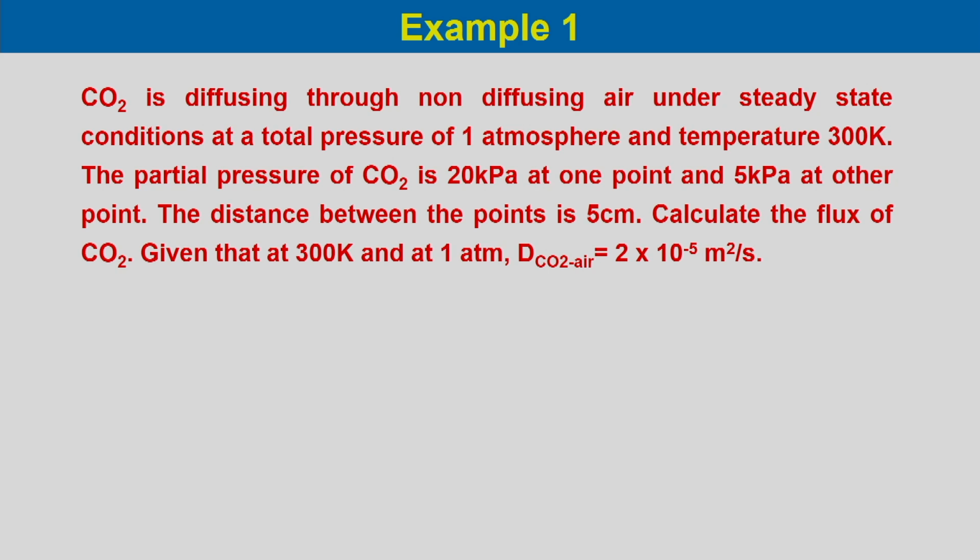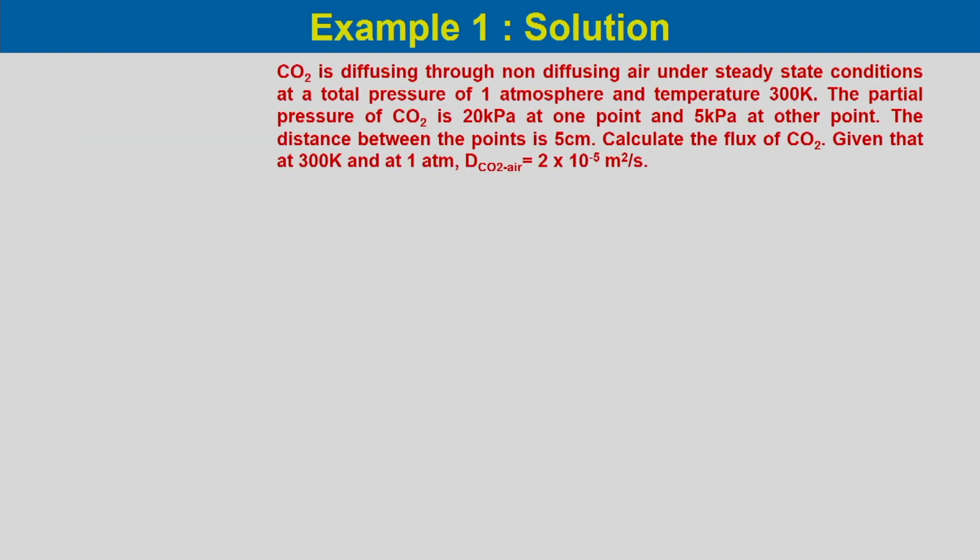We need to calculate the flux of carbon dioxide given that at 300 Kelvin and at 1 atmosphere pressure the diffusion coefficient of carbon dioxide in air is equal to 2 into 10 to the power minus 5 meter square per second. Now, let us solve this. We assume that it is an ideal gas.